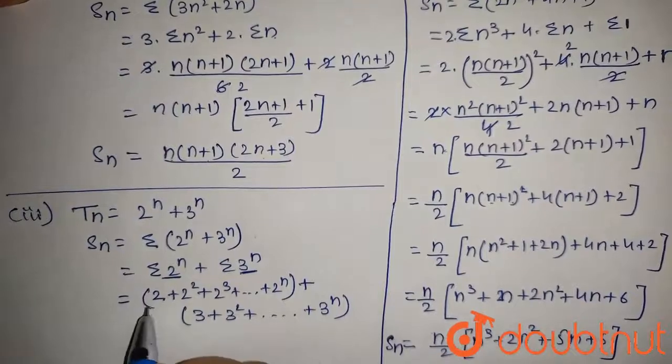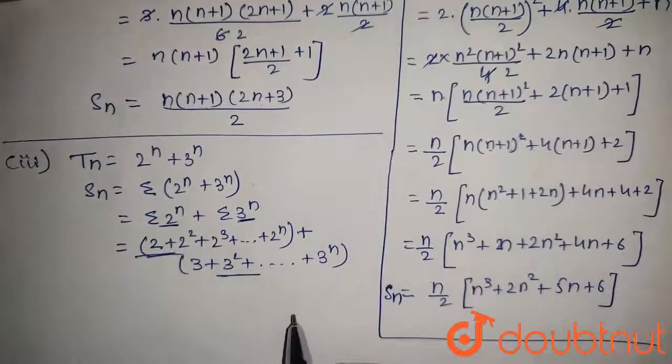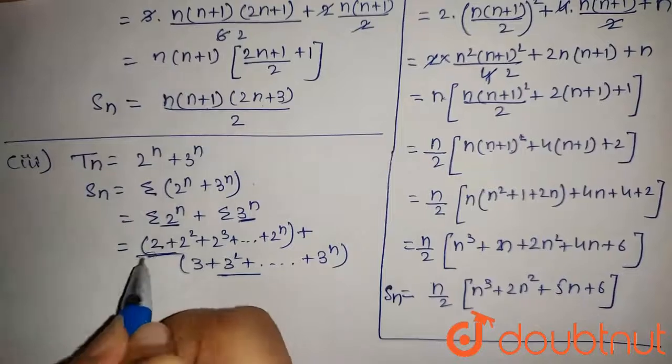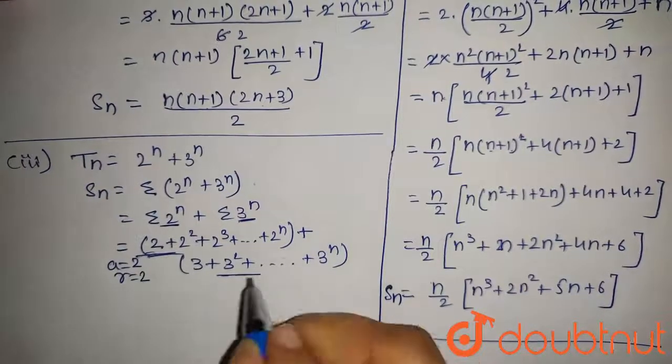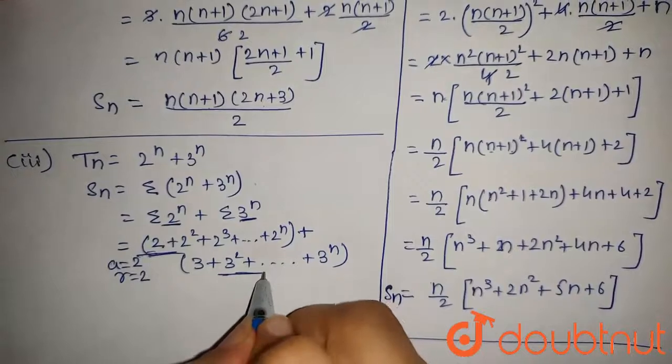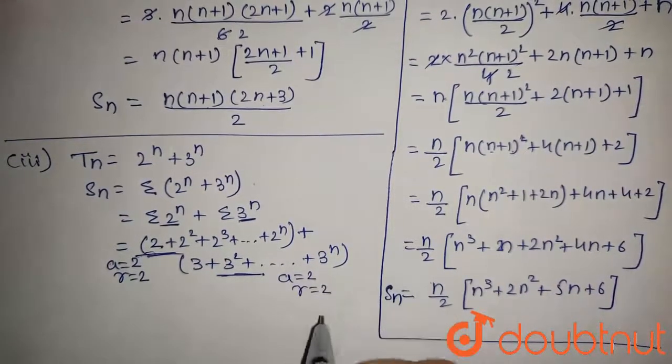Now both of these terms form a geometric progression. This forms a geometric progression with first term 2 and the common ratio is also 2, and this forms a geometric progression with first term 3 and common ratio also equal to 3.